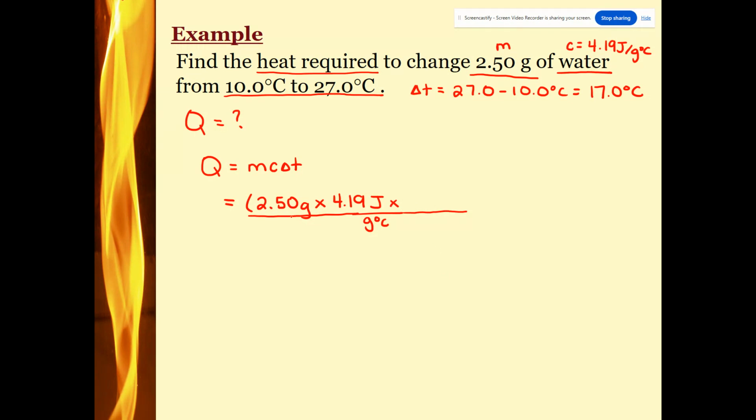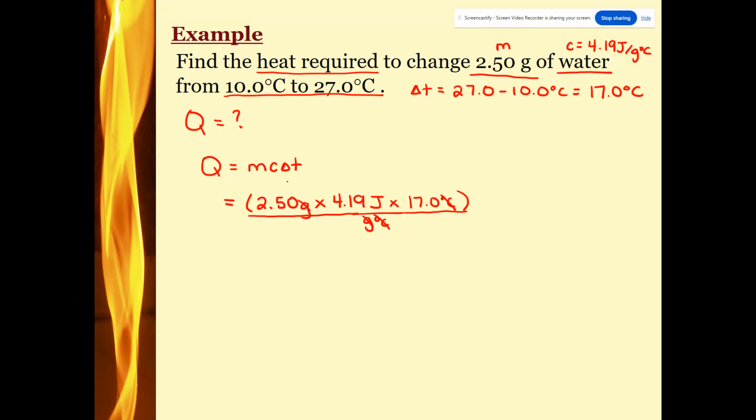There's no numbers on the bottom of this fraction. It's just to look at how my grams will cancel and how my degrees Celsius will cancel, leaving me with the units of joules. So grams cancel because they're on the top and the bottom. Degrees Celsius cancel because they're on the top and the bottom. There's no number on the bottom that I have to divide by.